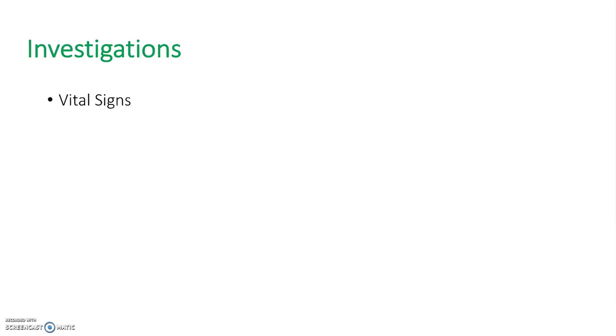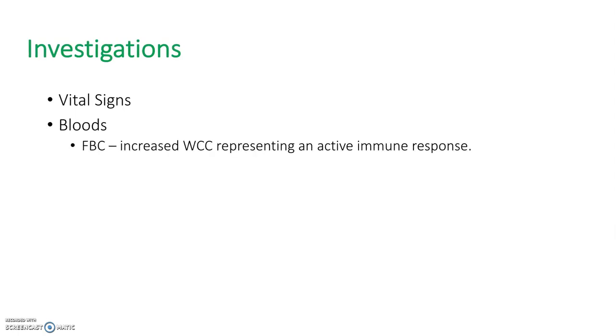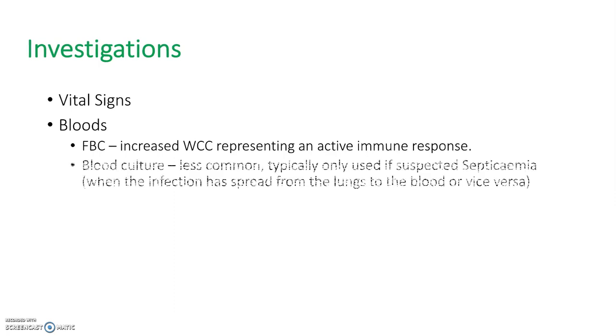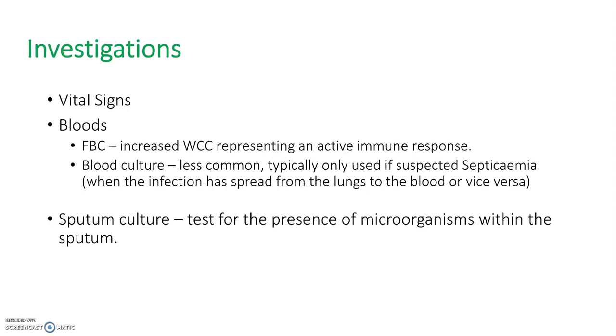In terms of investigating pneumonia, it's always a good idea to start with vital signs at the bedside. You can also take the patient's blood, and you could do a full blood count, so that will look at the white cell count, and you could also look at inflammatory markers, which both you'd expect to be raised in the case of infection. You could also take a blood culture, however it's much less common and typically only really useful if you suspect the patient has become septic, so the infection has spread from the lungs into the blood.